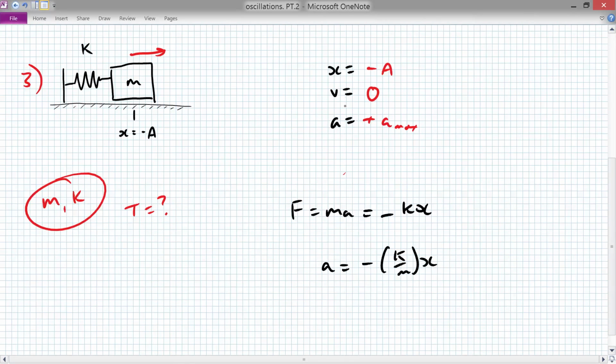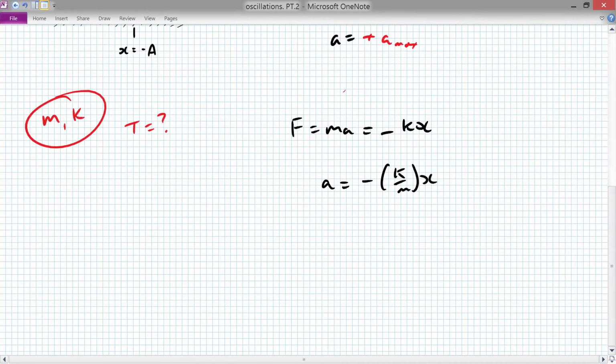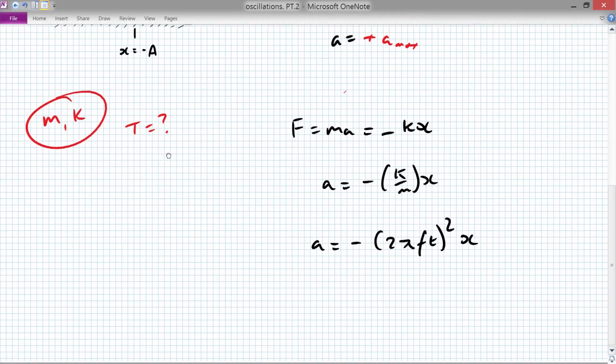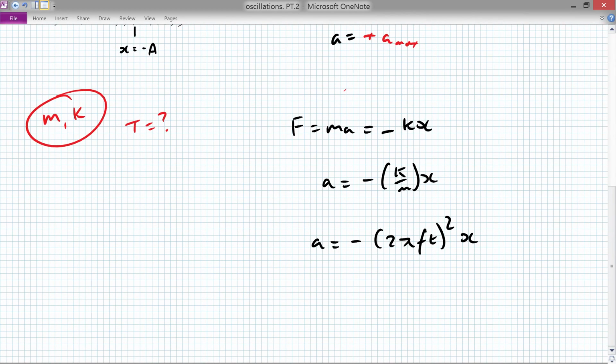But we also said that A was equal to minus 2 pi f squared x. And we got that by differentiating those graphs. Mathematicians, if you want to practice that differentiation, that was in the last video.